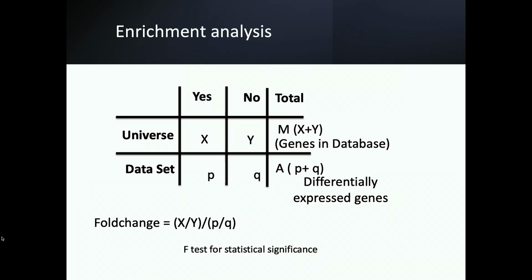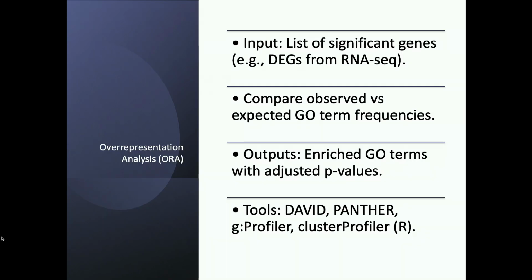Once corrected, they report which terms are significant based on the adjusted p value. In general, the input list for most analyses that use over-representation analysis, ORA, is a list of significant genes. So you make a criteria for significance, compare these frequencies, and report based on adjusted p value.